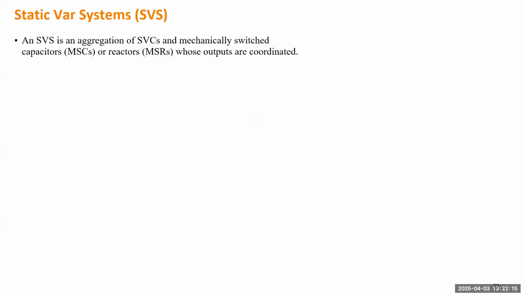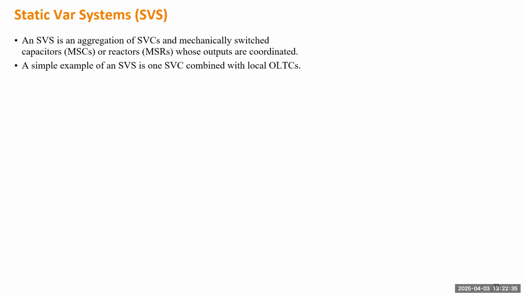You can also connect the SVC with switchable capacitor banks, a switchable reactor bank, and also connect to a transformer, so you can make it a more complex system. You can call it a static VAR system.